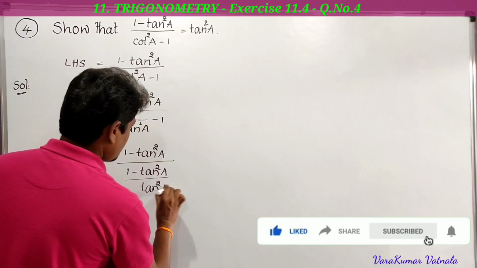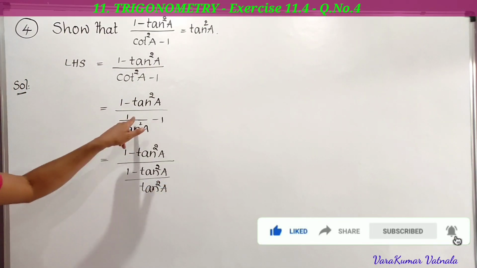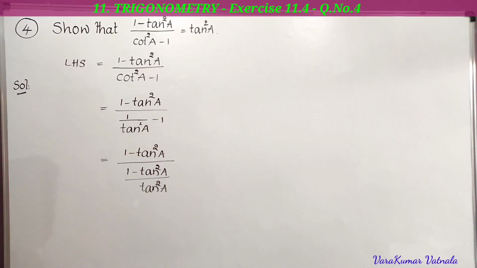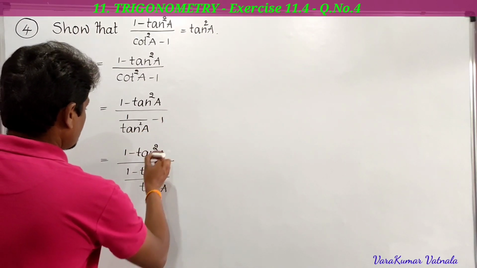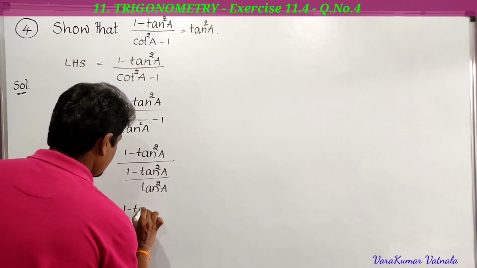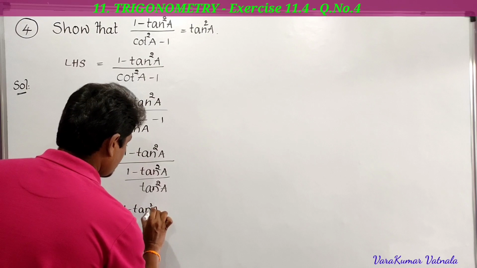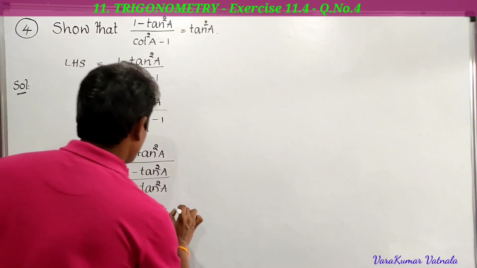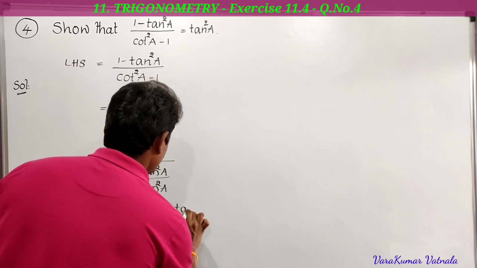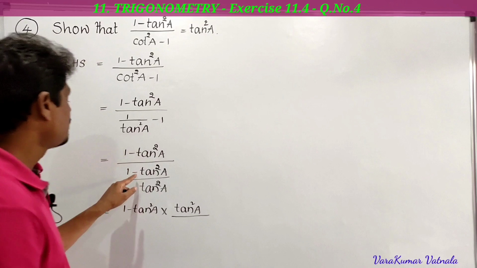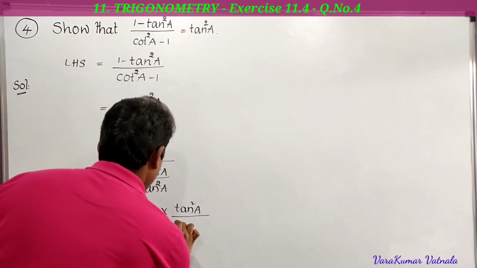Write the numerator as usual, and for the division write into the reciprocal, that is tan square a by 1 minus tan square a.